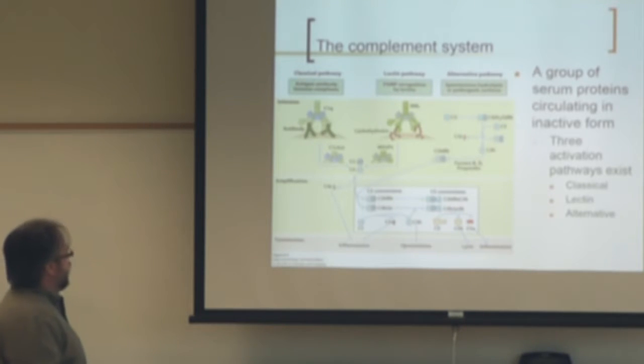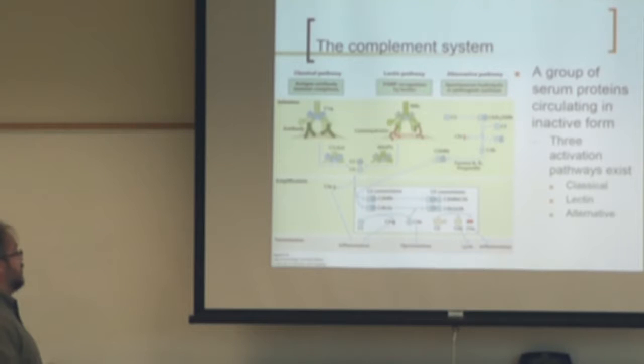So it binds carbohydrates. It does the same thing. Now, because it's bound, it's going to change conformational shape enough to become active, and it's going to break down C4 and also C2, and now you get the formation of the C3 convertase. This C3 convertase will then convert C3 into C3A and C3B.